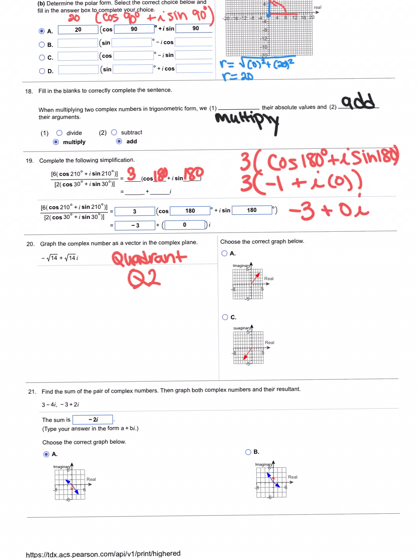So if I was to graph this one, it would be in quadrant 2, and x is negative square root of 14. And my imaginary is at square root of 14. And my vector would be right there.